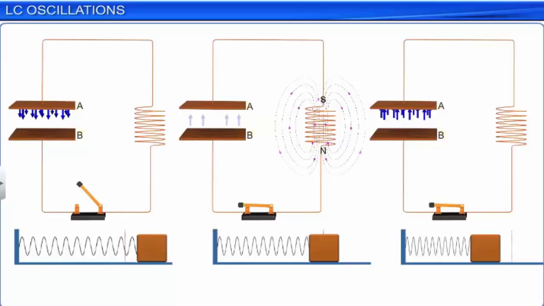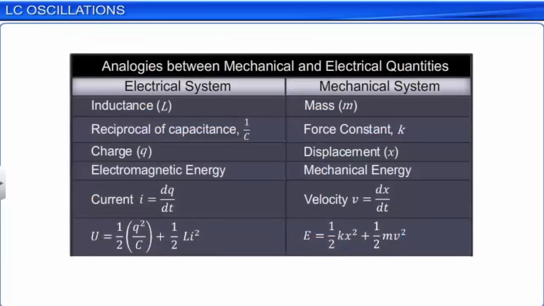However, in a practical situation, this is not true. Actually, the inductor also has some resistance, which leads to the damping of these oscillations. Similarly, neglecting the radiation emitted by the system also renders this analysis quite unrealistic. From our discussion of LC oscillations, we can draw the following analogies between a mechanical and an electrical system.